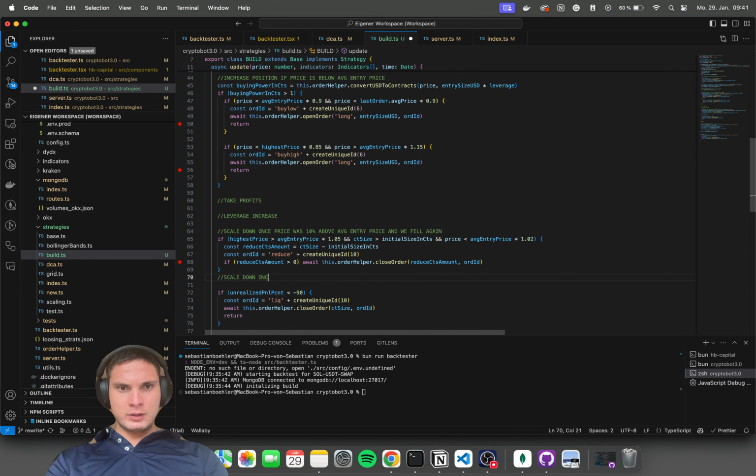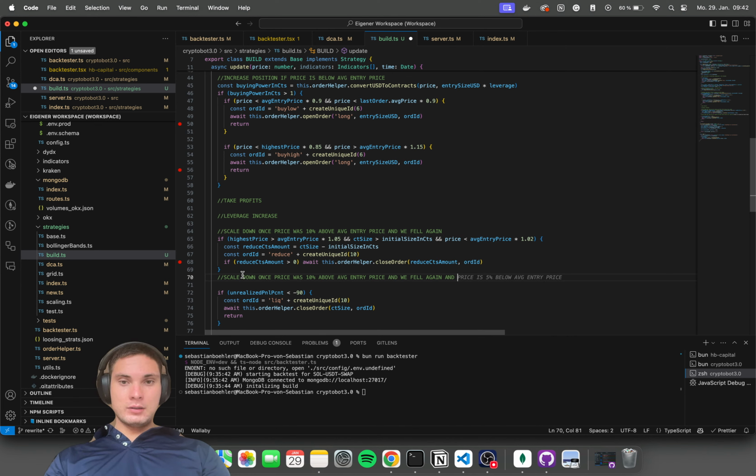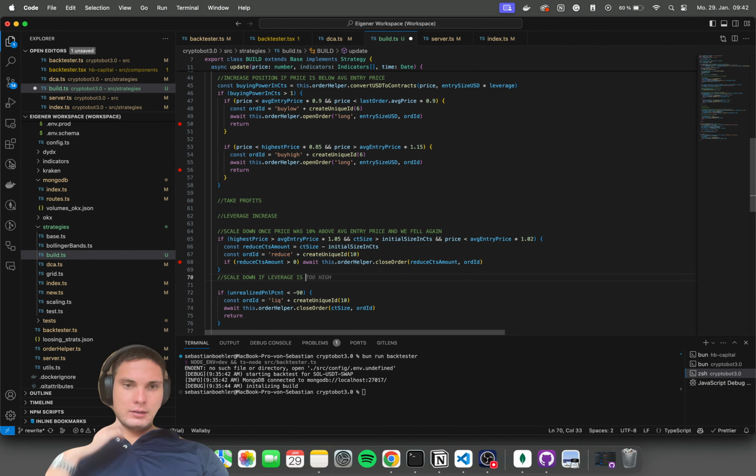Scale down once price average price, and we fell again, and no. Okay, so scale down if leverage is too high and we fell to this.